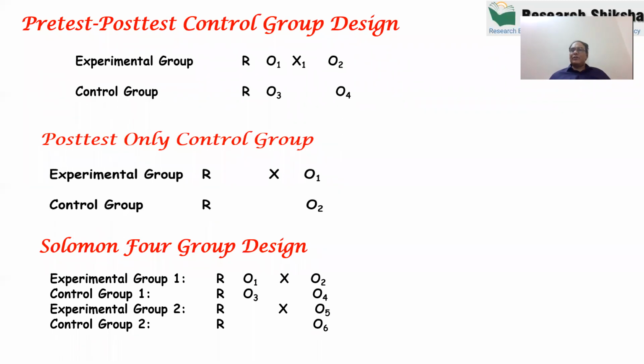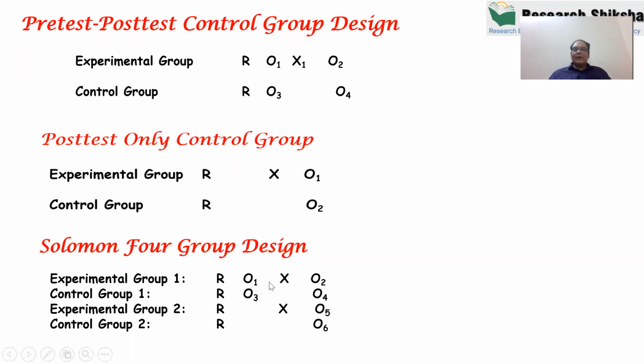So you want to check whether there is a difference by chance in one group, right? This is called the Solomon 4 group design. You are taking 4 groups, 2 experiment and 2 control, and you are comparing the experiment group with the control group and one experiment group with another experiment group.